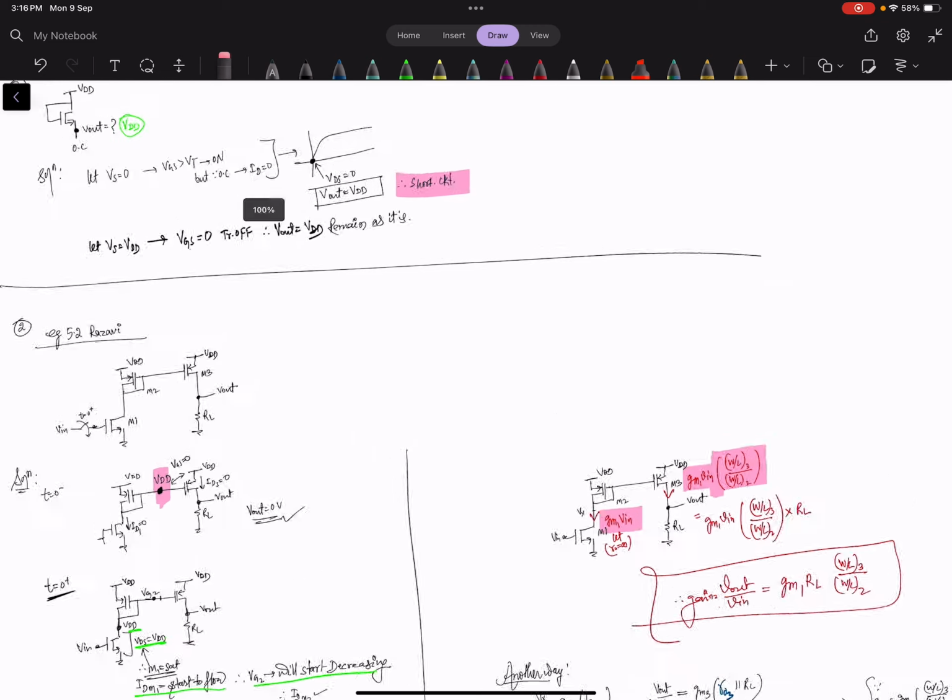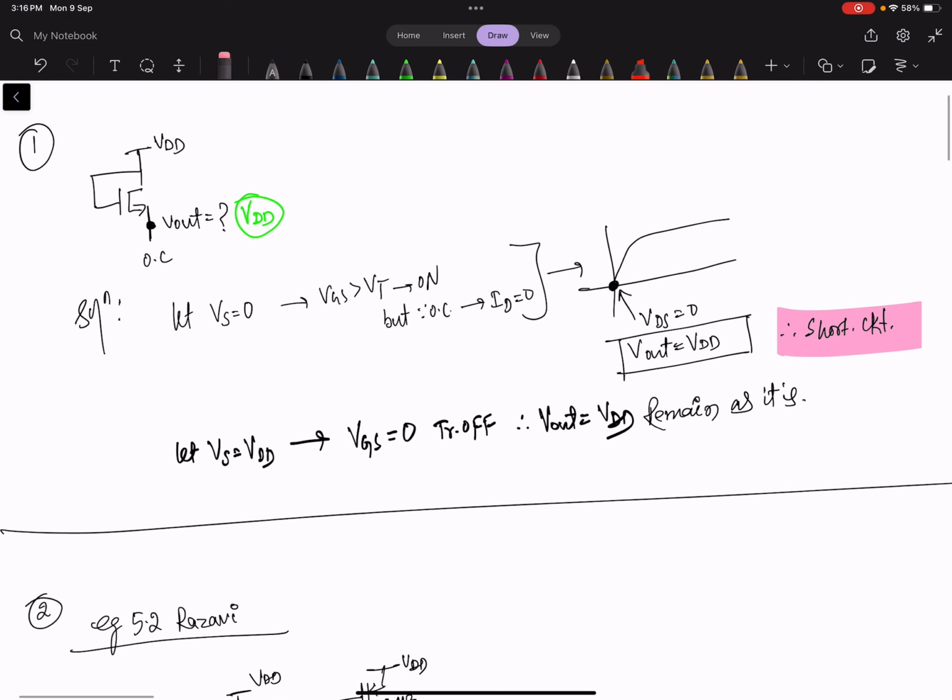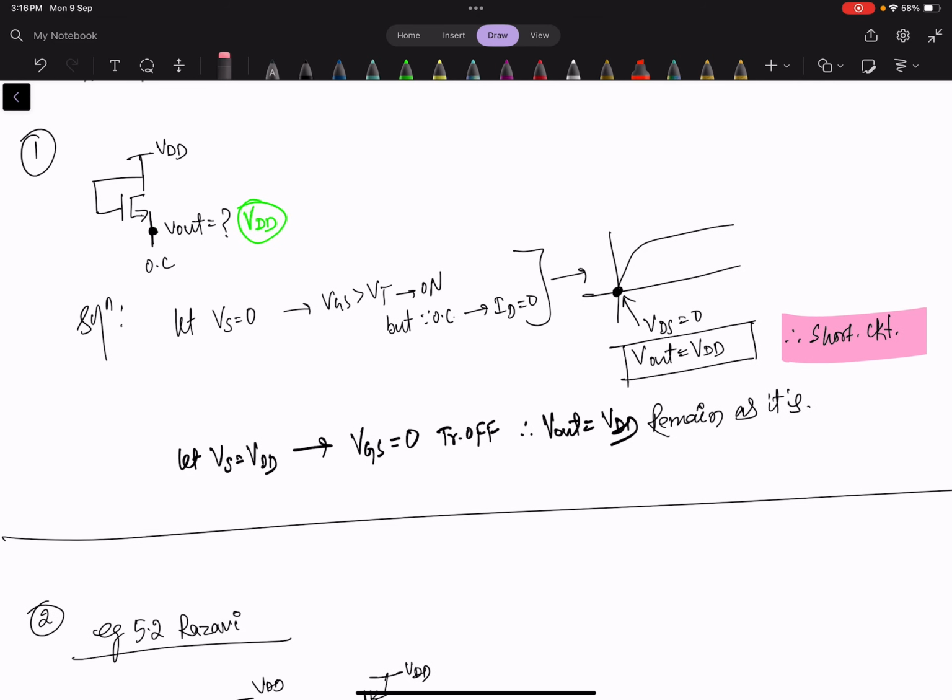Before that, there is one concept. If you see here closely, let's say this is open circuit, and for this, what is the V out? It is diode connected, but this is open circuit, so the output will be VDD. Why is this so?